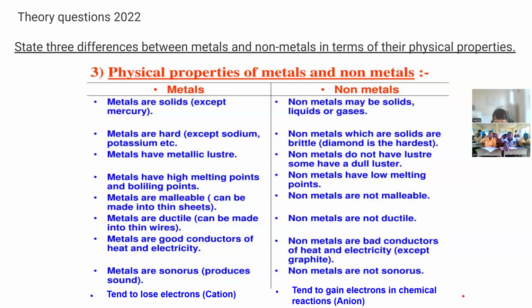And nonmetals tend to gain electrons to form eight valence electrons. This is another really important difference that we learned about last time. You do not need to know all of this.